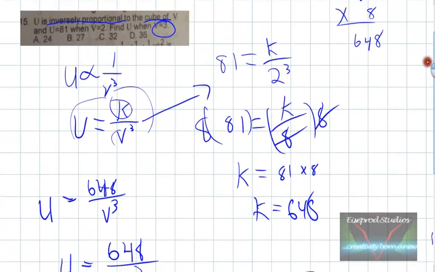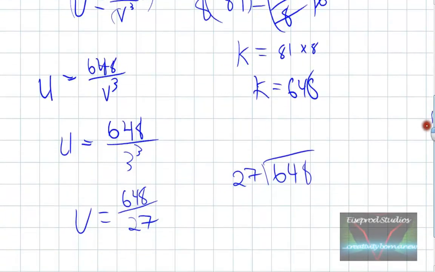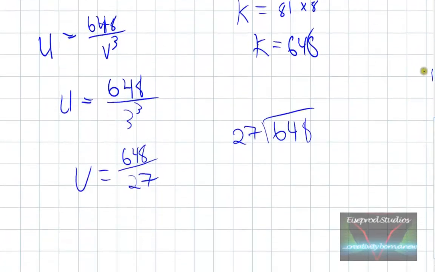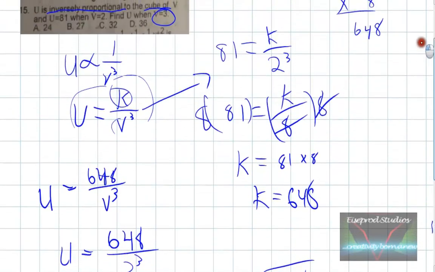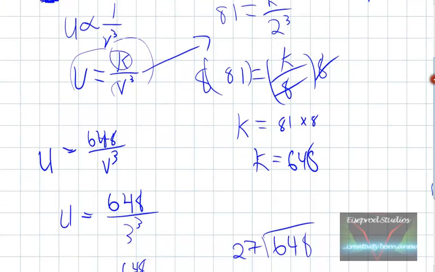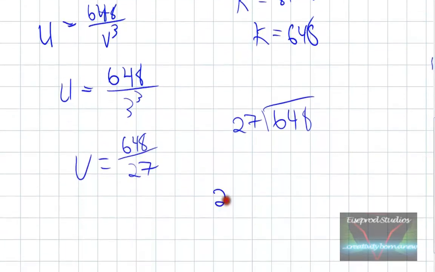Well, let me think here. Okay, let's give it a shot. Let's try one of the options they give us to see how close we get. So let's try 24. So 27 times 24.